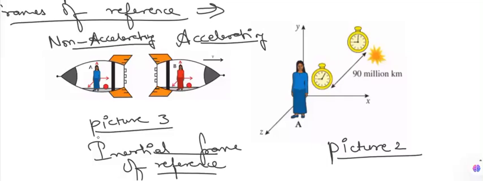Now let's say I do the same experiment when this rocket is moving. Let me show you. Check this, it's moving now.